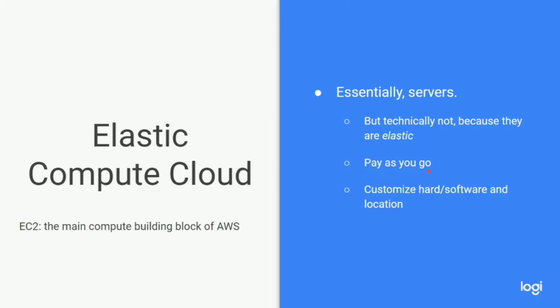Along with that, it's pay as you go, and of course, it's customizable. How powerful of a computer you want, what kind of software or operating system you want running on it, and where you want these computers to be hosted in the world in a way that will minimize latency for you and your customers.